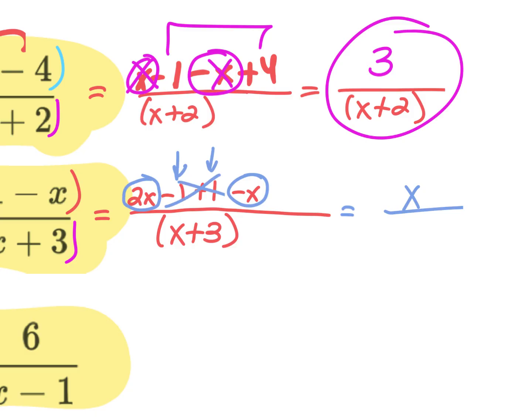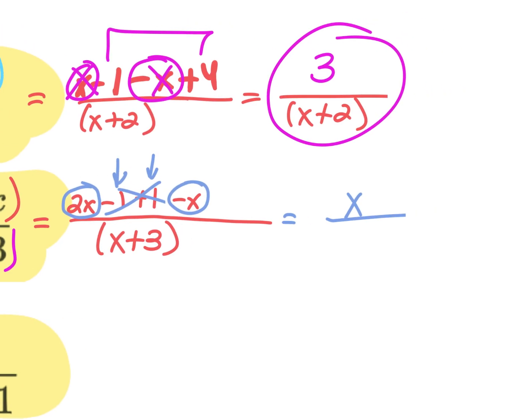They're going to cancel out. Perfect. And then what do you have left on the bottom? X plus 3. Notice, guys, I keep putting my binomials in parentheses because I don't want you to do this and go, oh, the x's cancel. Do those x's cancel? No, they do not cancel. That x is stuck with plus 3 in your denominator, so there you go.